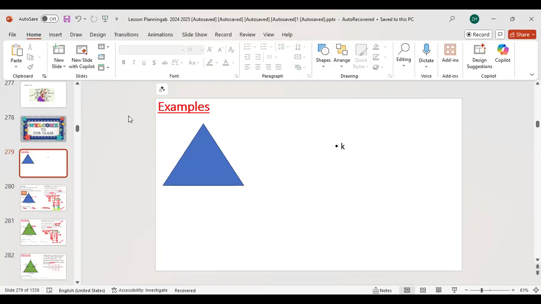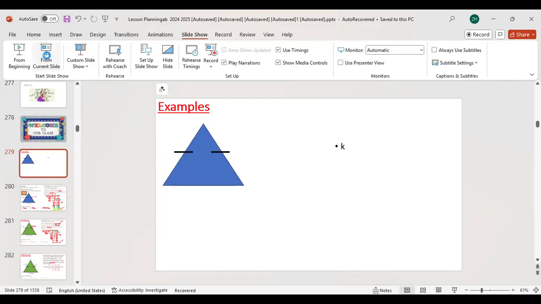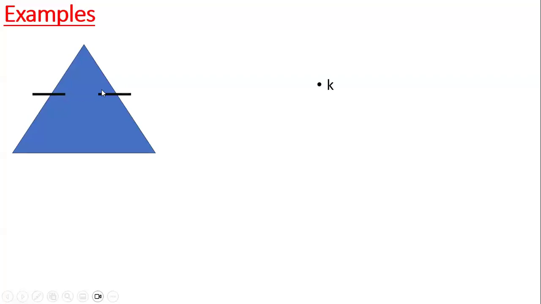And then I'm going to do something interesting with this. I'm going to put this bar on the side here, and I'm going to put this next bar on the side here. Now, what does that bar mean? Since both of them have the bars, what does the bar mean?